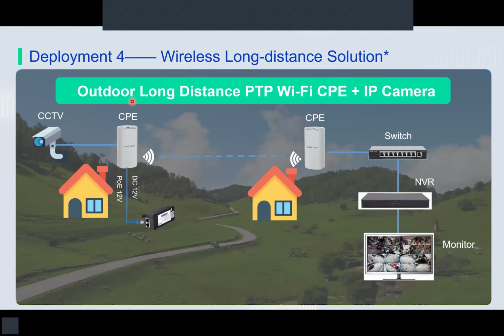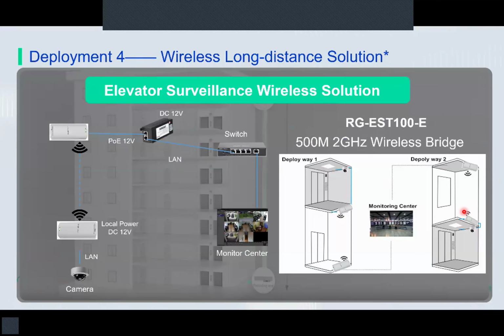And this is the example. For example, there are two houses to do the wireless bridge solution, and the bridge and the elevator. You also can use the bridges to connect. For example, the first one connects here and connects to the camera, and the other one connects to the switch and the NVR.